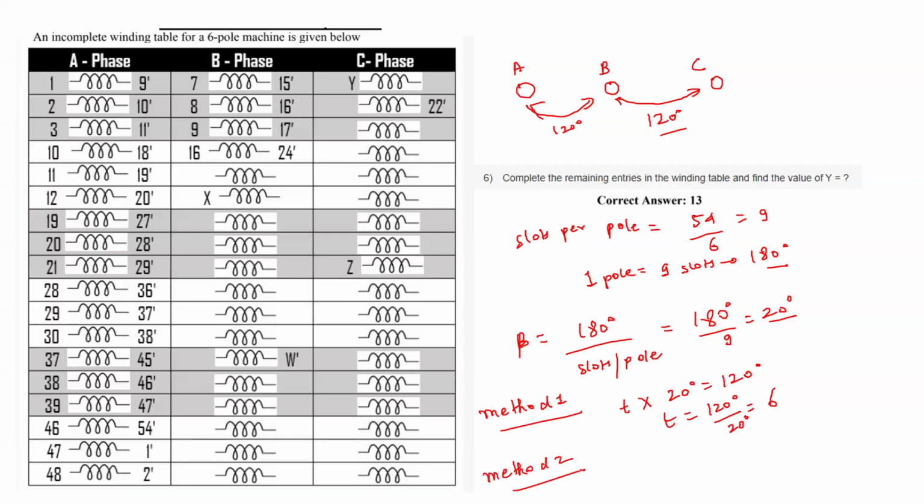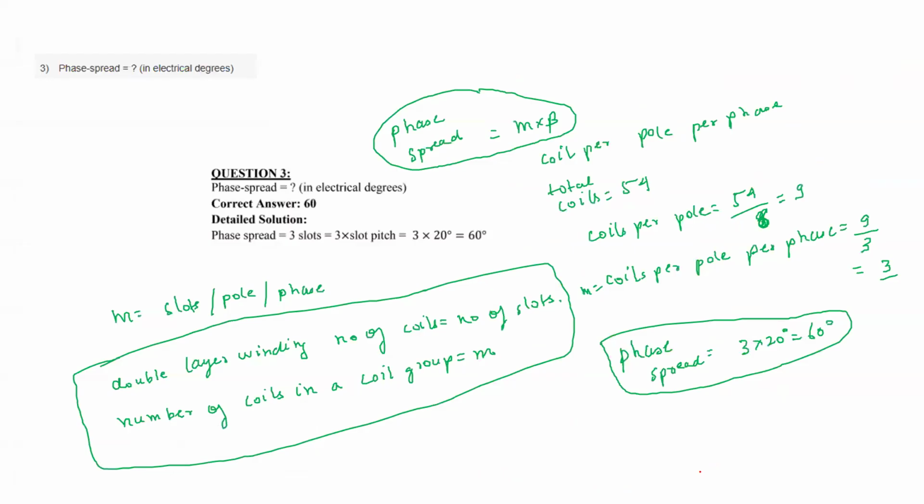Now let us see what is method 2. In method 2, we find out slots per phase. So what is the slots per phase? T is equal to the total number of slots, 54, divided by 3 phases. No, I'm making some mistake.